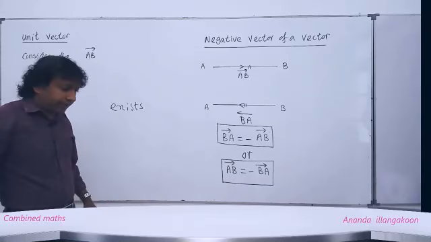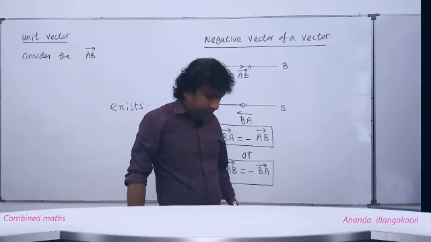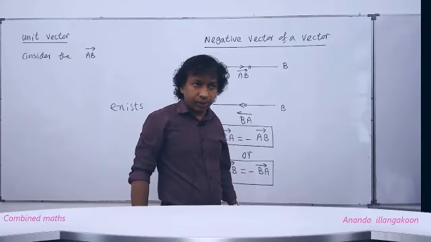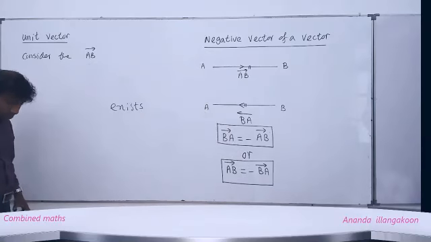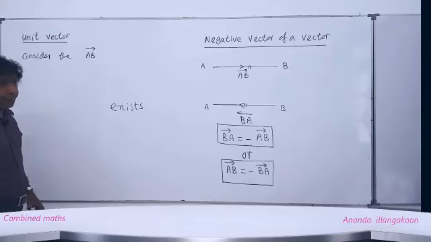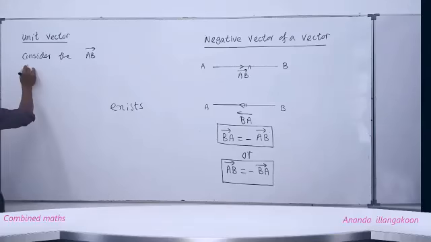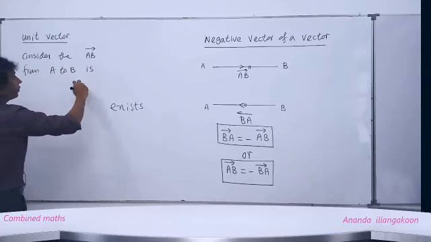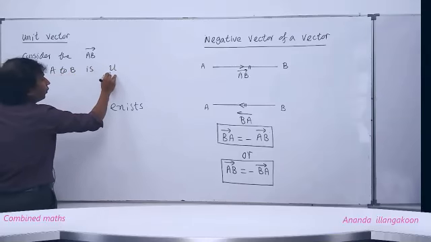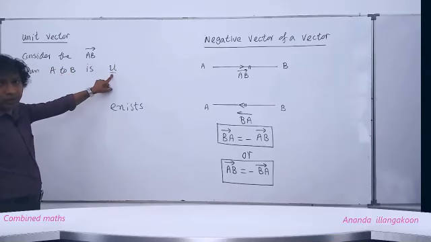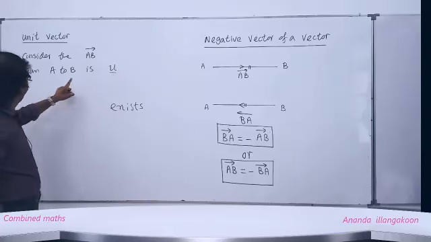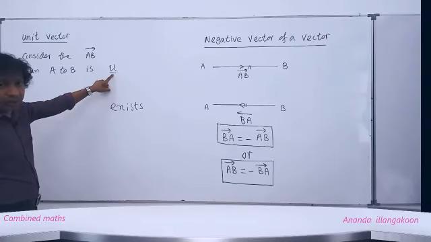If the unit vector in the direction from A to capital B is U. Underline this U. If you underline this only, this becomes a vector. Otherwise, this is not a vector. From A to B is U. Underline this.